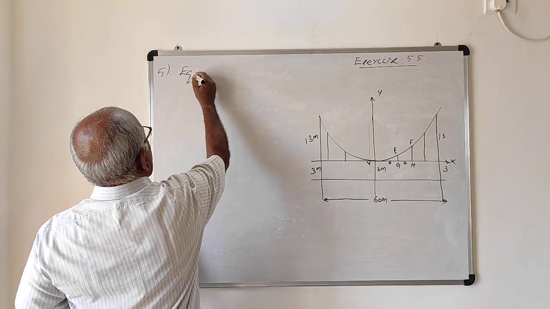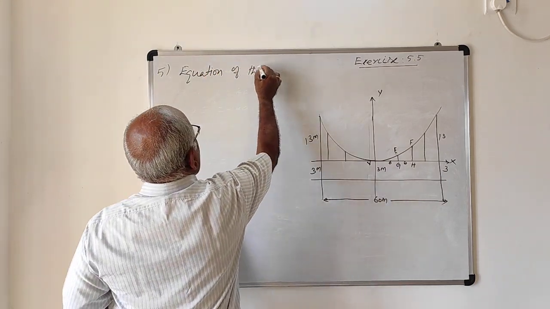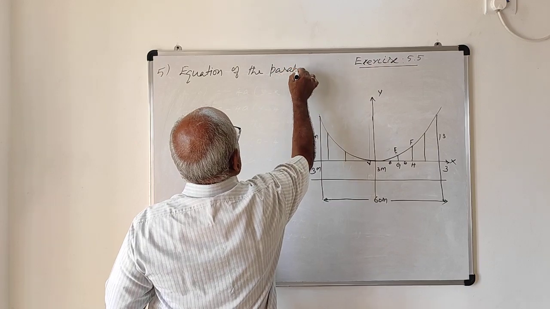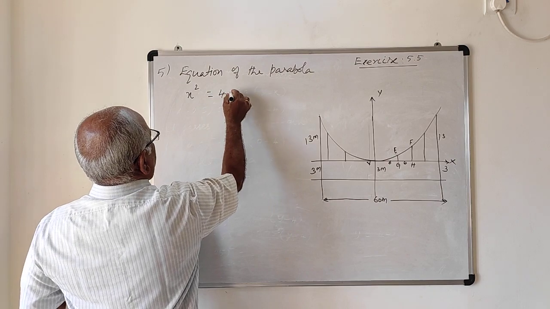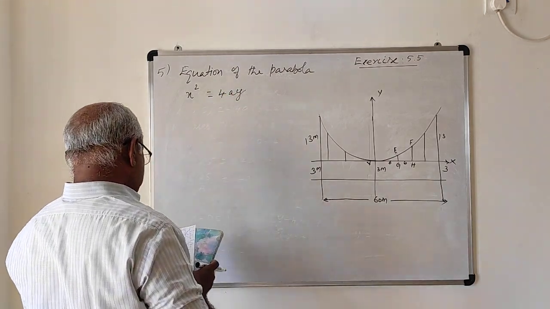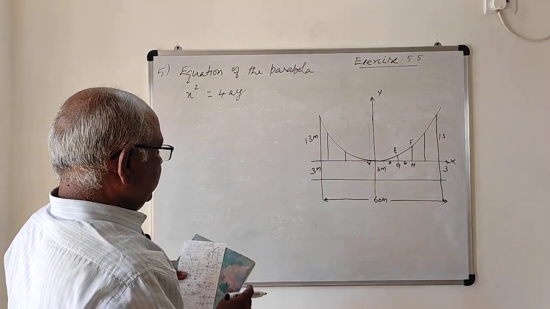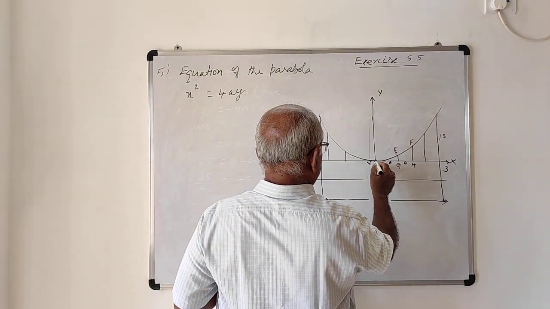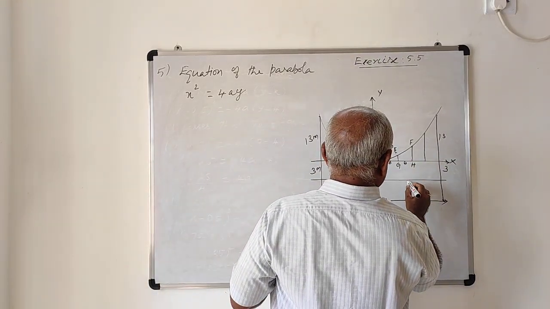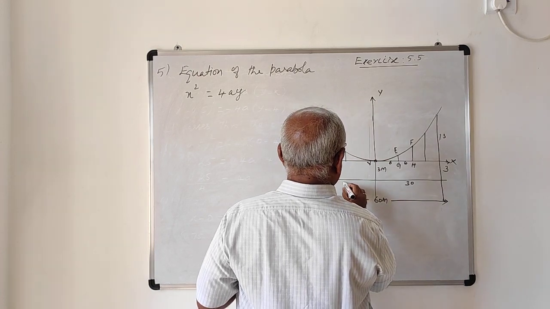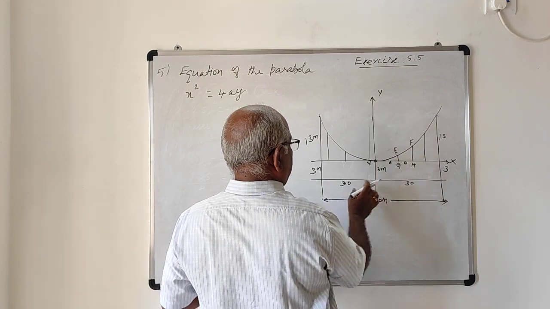This is problem 5 in the exercise. Equation of the parabolic cable: x square equal to 4ay. This is the equation of the parabola. See, this distance is 30 and this distance is also 30. 60 is divided into two equal parts, the middle part is 30 and 30 meter.